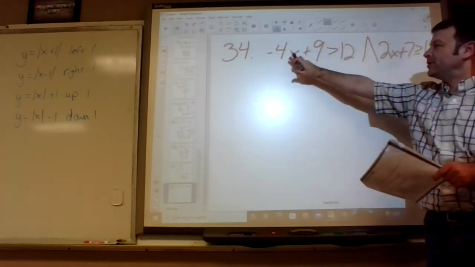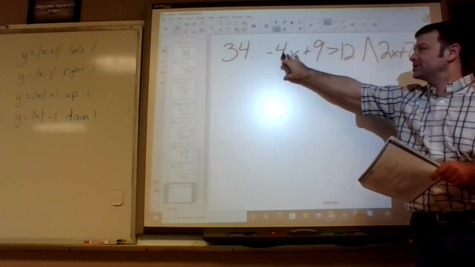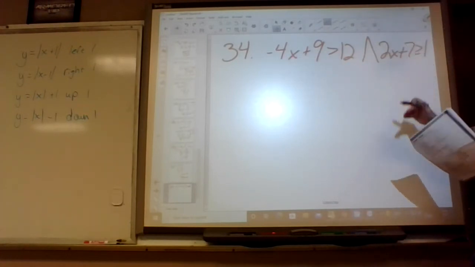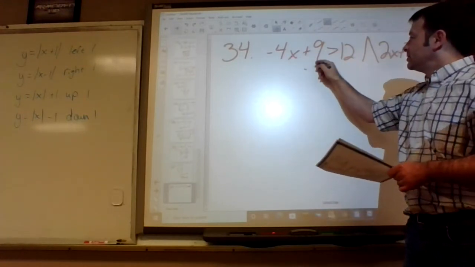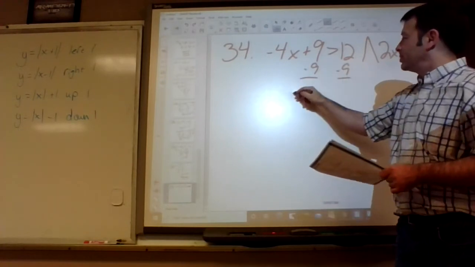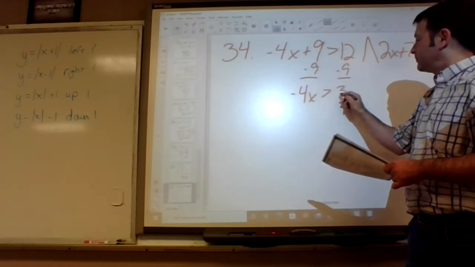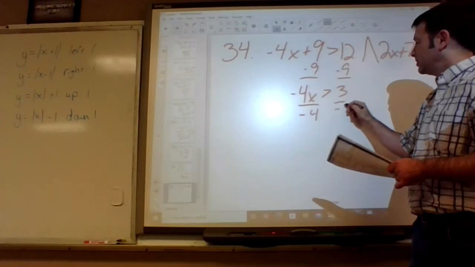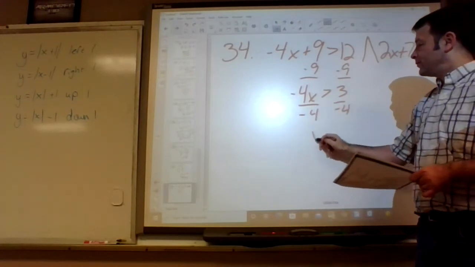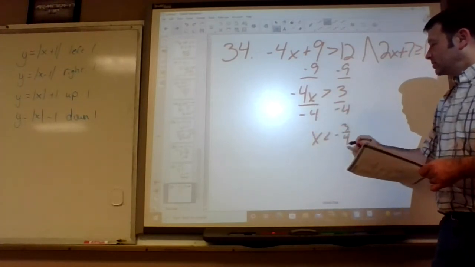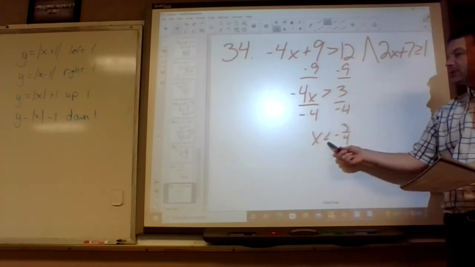Okay, so we solved this by itself and this by itself, and then we bring it together. So I'm going to do the parts that you guys know how to do really fast. Okay, I am dividing by negative 4 on this one, so my inequality switched.